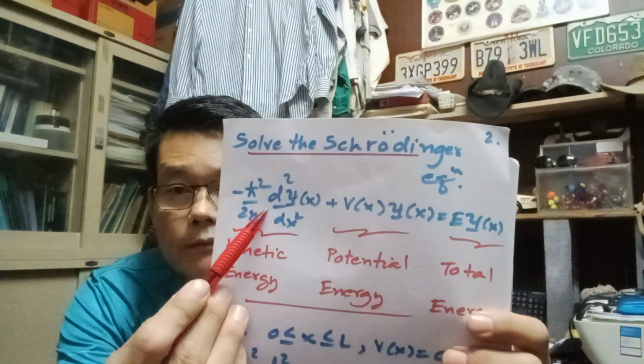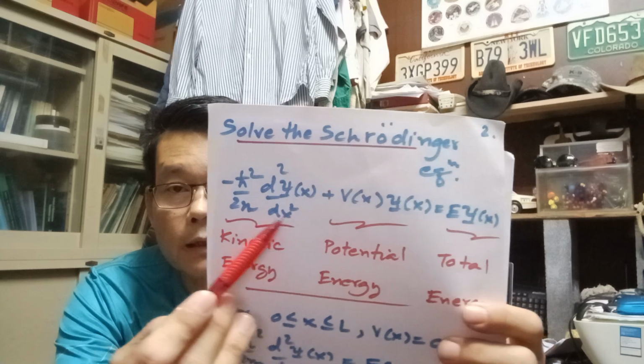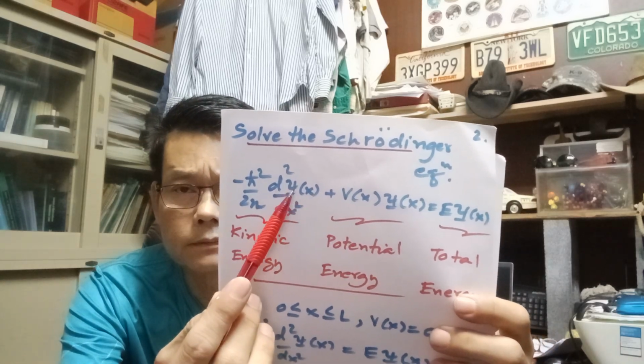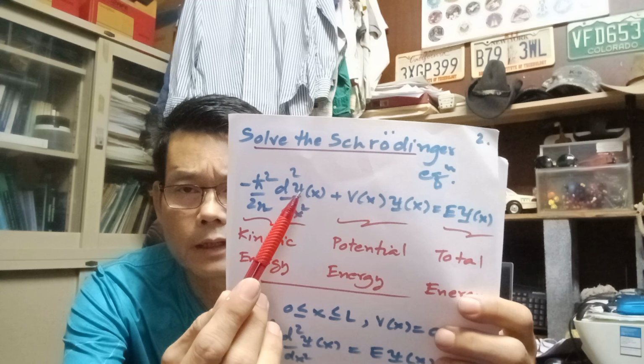That's why they introduced a very simple equation, the Schrodinger equation. That's the second derivative of the wave function here. This equation is simply concerned with energy.